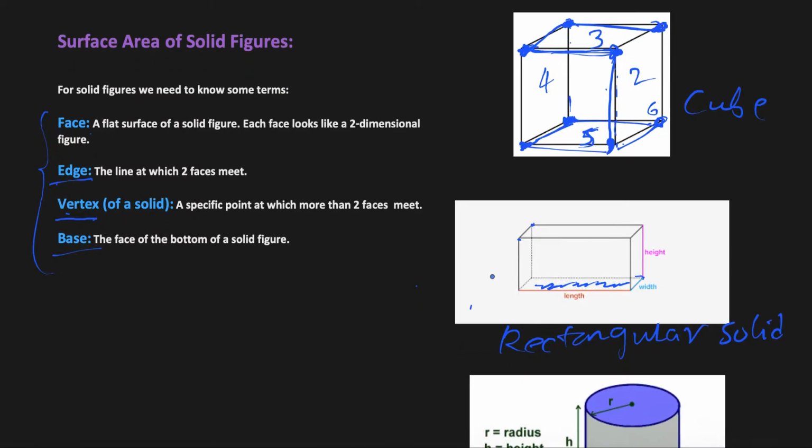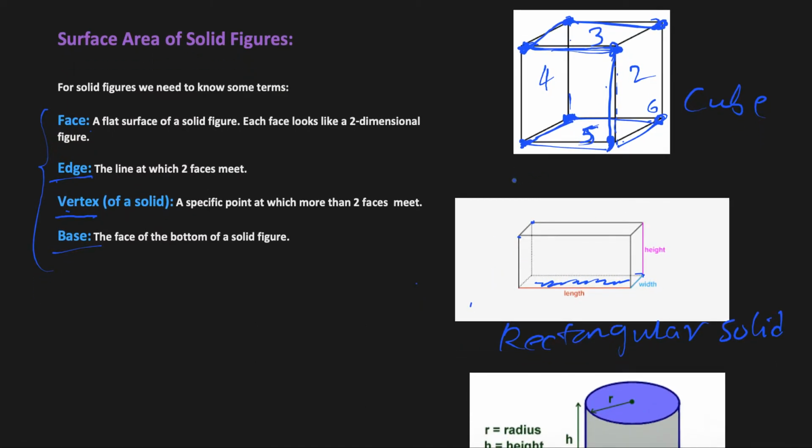Now you must be thinking, what's the difference between a cube and a rectangular solid? Well, a cube is kind of a rectangular solid. The only exception is that each of these sides measures the same, whereas in a rectangular solid, this can be different, this can be different, and this can be different.